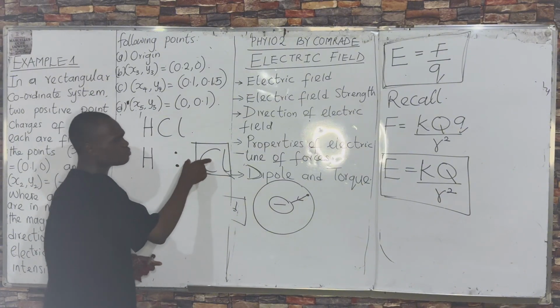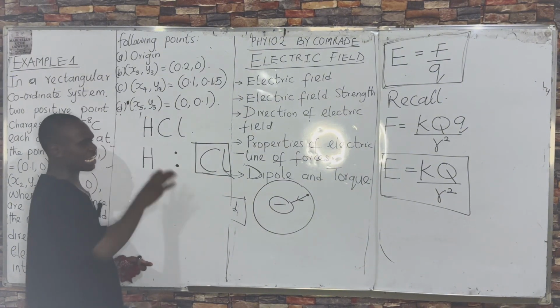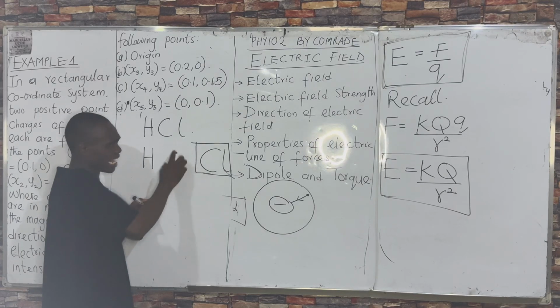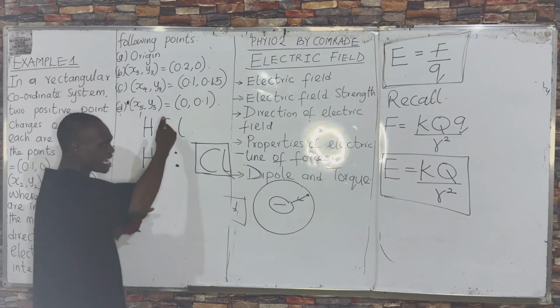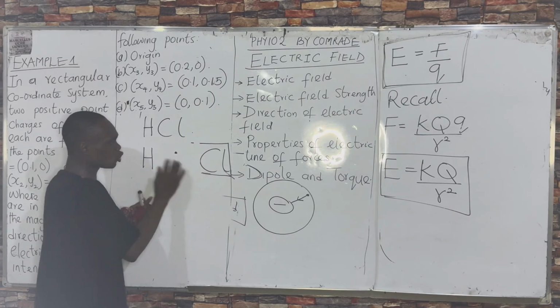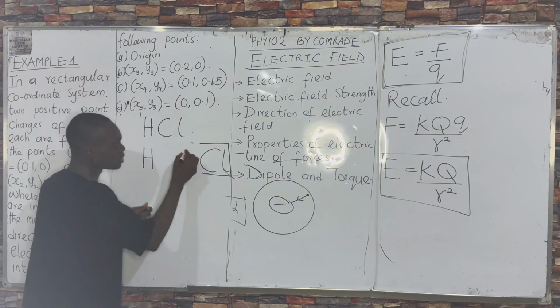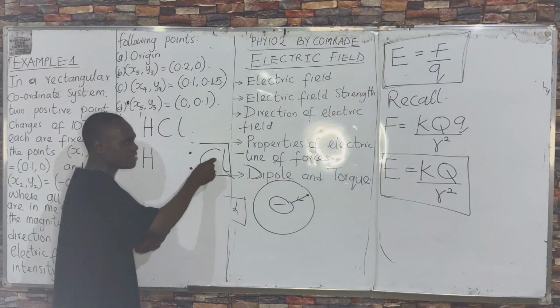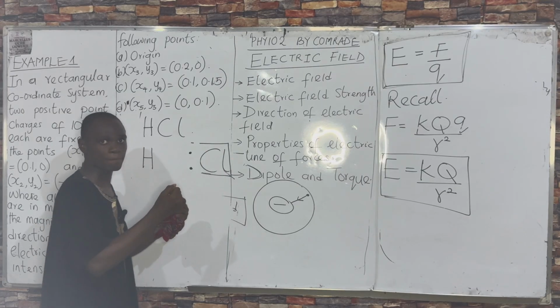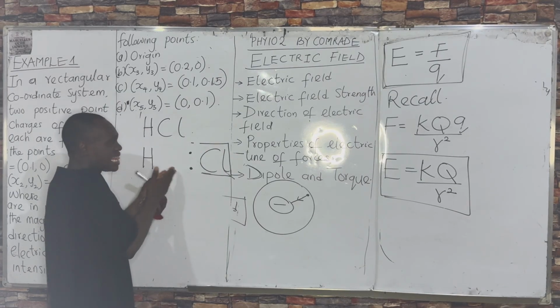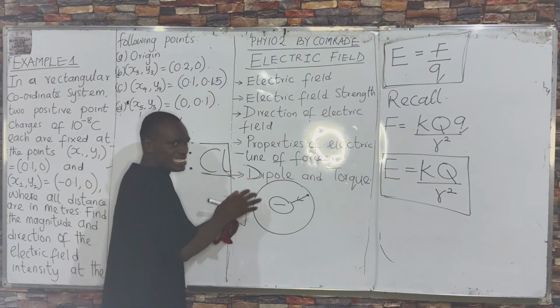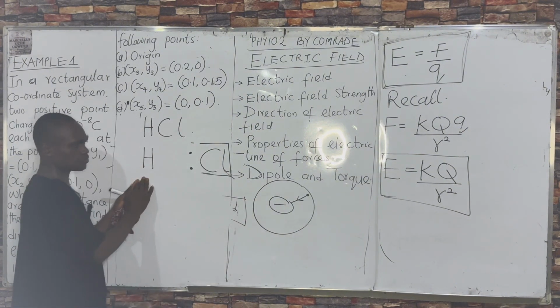So if chlorine has more tendency to attract electrons to itself, it means that this electron that is being shared, that should be at the center, will be closer to chlorine than it is to hydrogen. Why? Because the electronegative value of chlorine is high. Meaning the electron that should reside at the center will now be closer to chlorine than it is to hydrogen.